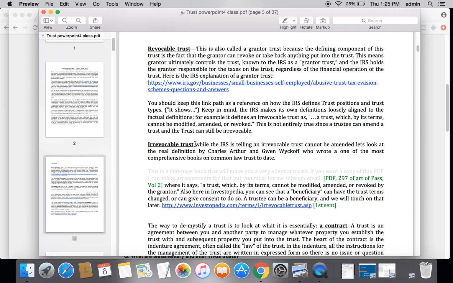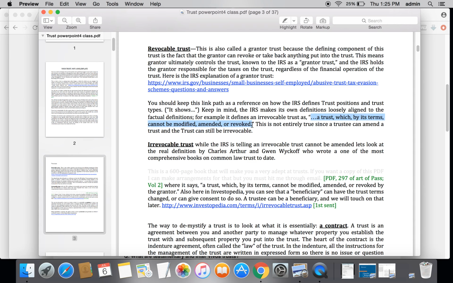So now, remember, the IRS says that an irrevocable trust is a trust which by its terms cannot be amended or revoked. No, I'm sorry, that's not what they're saying. They're saying a trust by its terms cannot be modified, amended, or revoked.